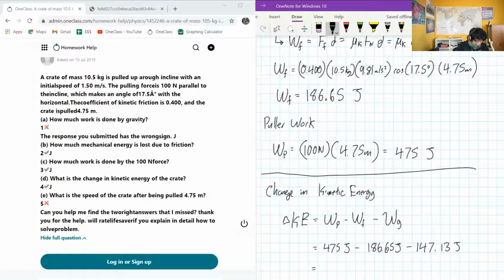So 475 minus friction minus gravity is equal to 141.22 joules, which to 3 SF is just 141 joules.